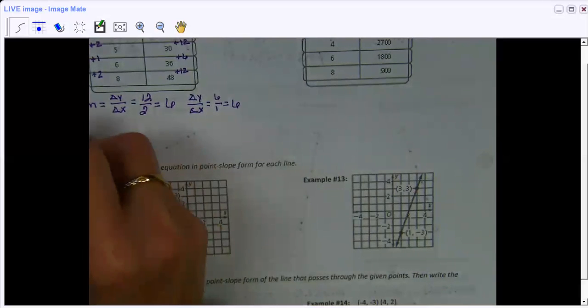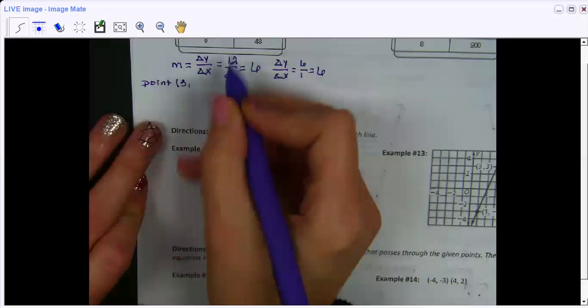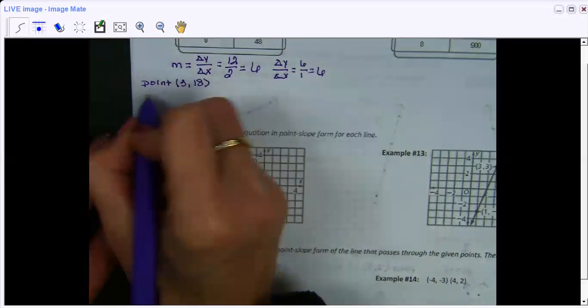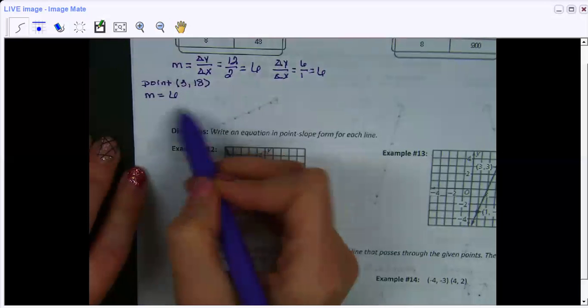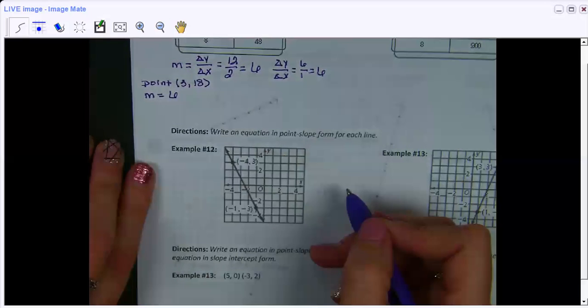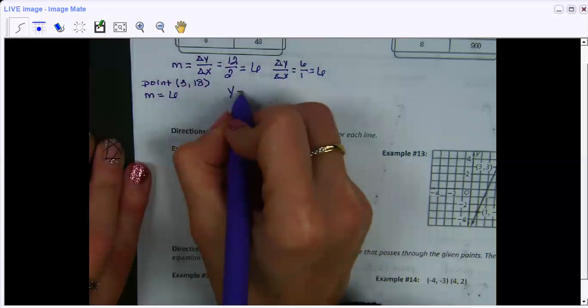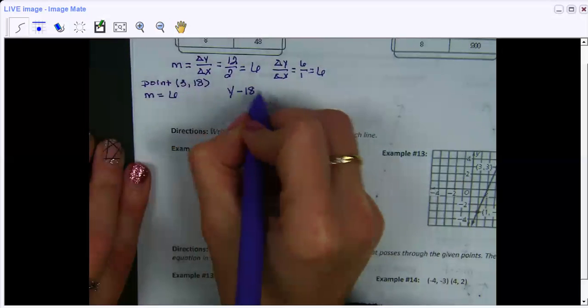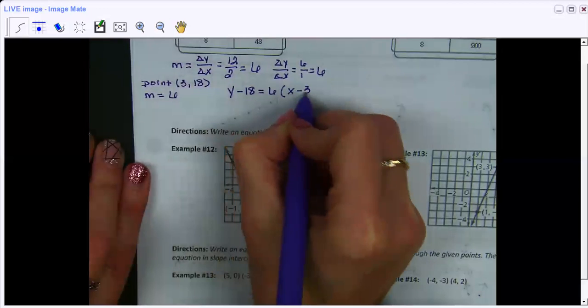The point we're going to use is 3, 18, and the slope is 6. So we're going to take those two pieces of information and plug it into the equation. So we have y minus 18 equals 6 times x minus 3.